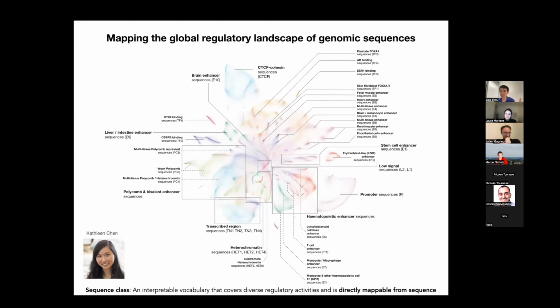So here we are trying to build what I call a regulatory vocabulary that can summarize the regulatory function of the sequence in a way that is interpretable, right? Now we can make a lot of predictions of different chromatin profiles, transcription factors, and histone marks.